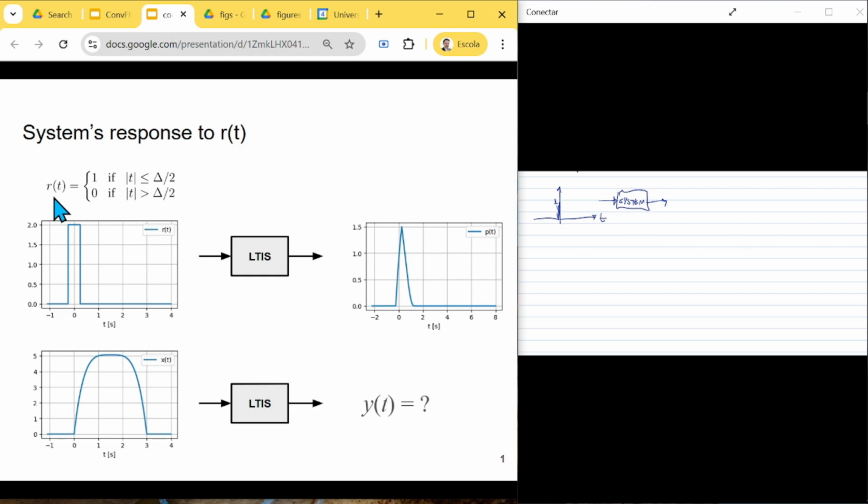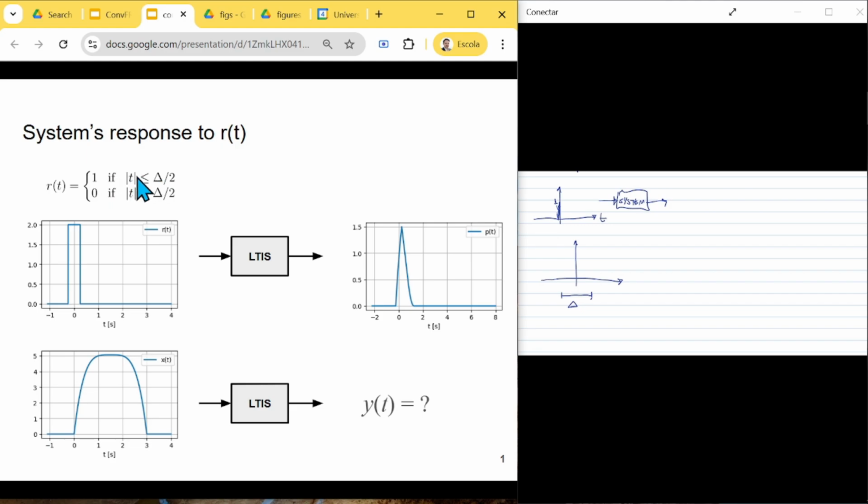Let's define this, a signal r of t, r for rectangle. Let's draw it here. It is parametric. We need to define a parameter delta.